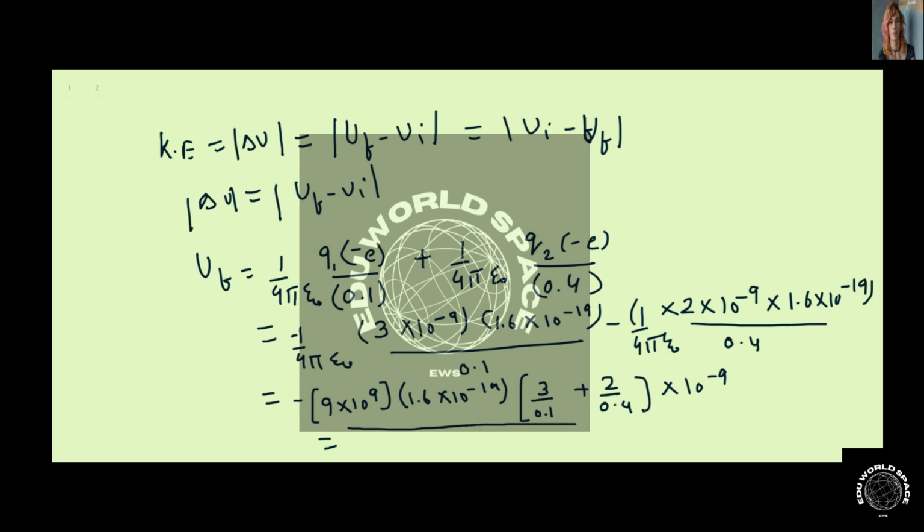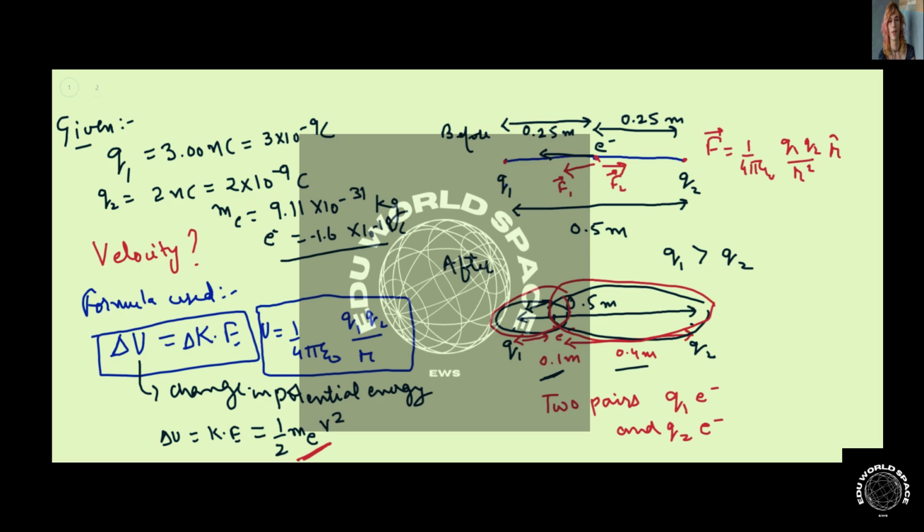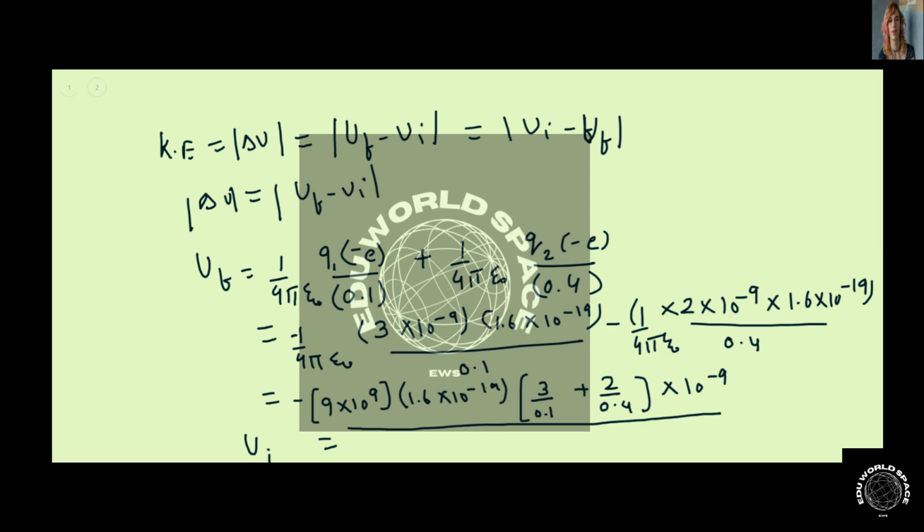We can leave the situation here, because we can directly use the UI, subtract, and find out the delta K. So now we will find out the UI. The distance is the same. So UI is again 1 by 4 pi epsilon naught Q1 minus E, distance is 0.25 meter, plus 1 by 4 pi epsilon naught Q2 minus E over 0.25 meter.